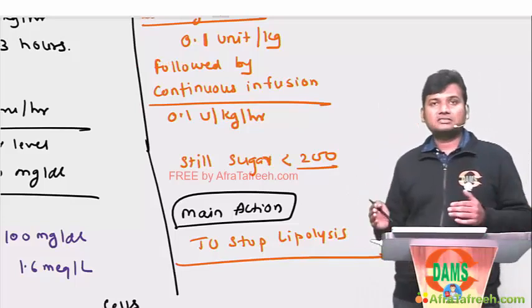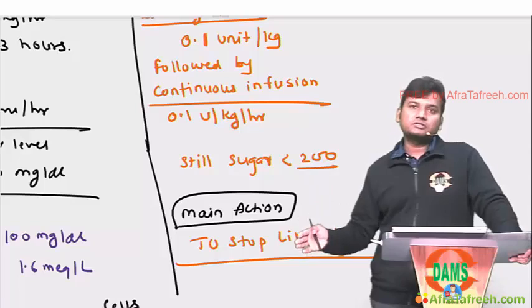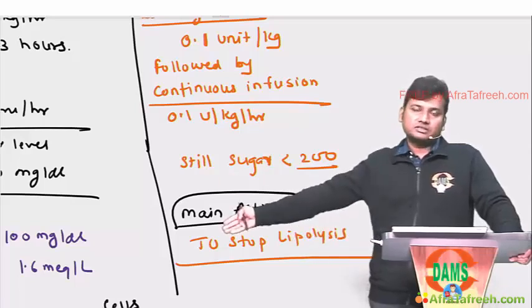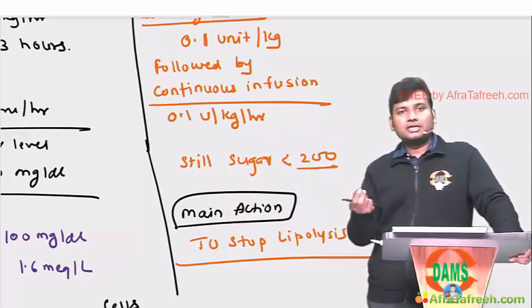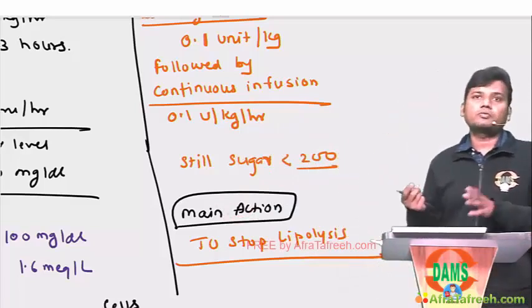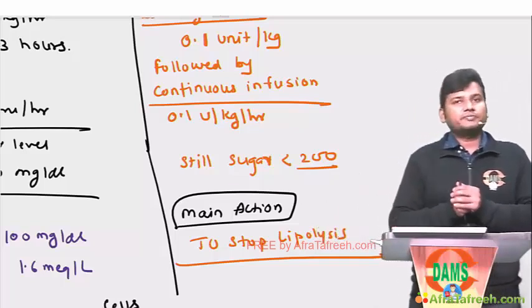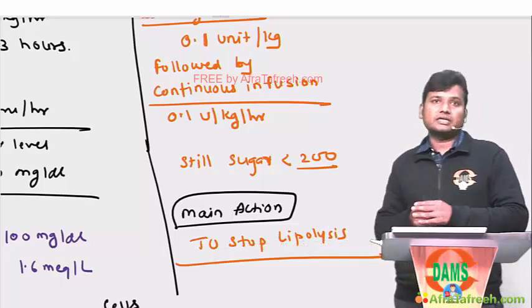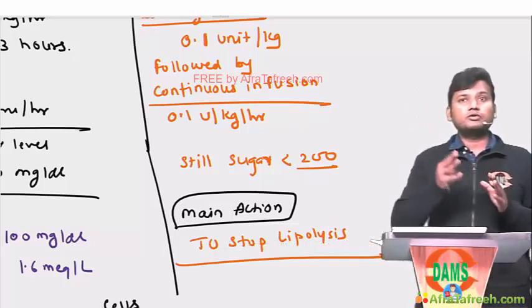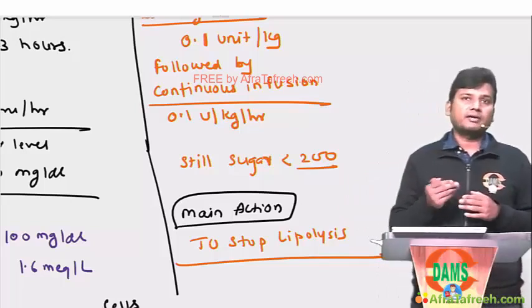Lipolysis was responsible for formation of ketones and ketones was responsible for acidosis. So we will give insulin and a very small amount of insulin is required to stop lipolysis. Other actions of insulin, it will decrease the glucose, it will shift potassium from blood to cell. Yes, it is correct. But the main action is to stop lipolysis.